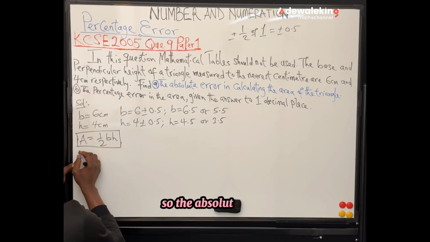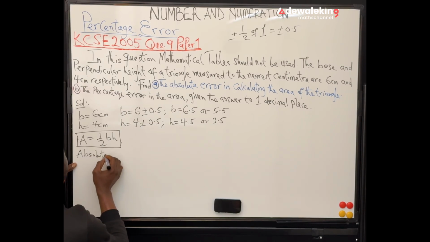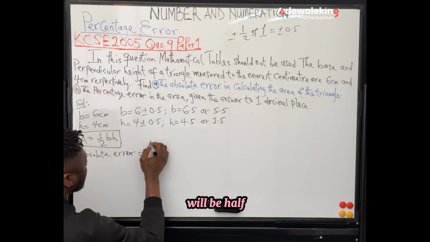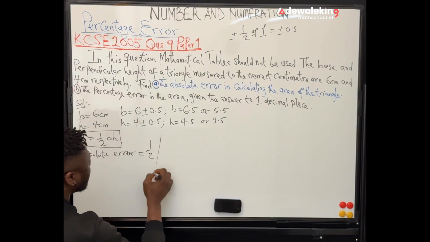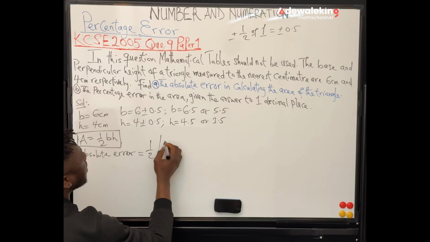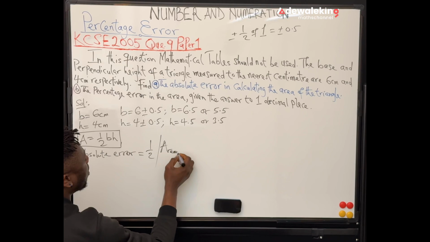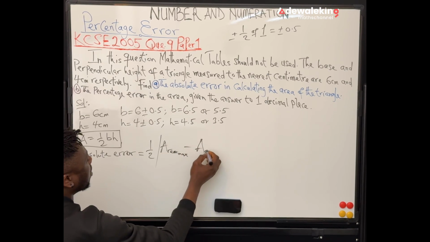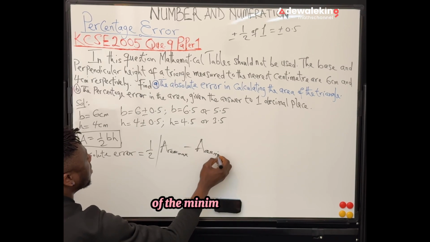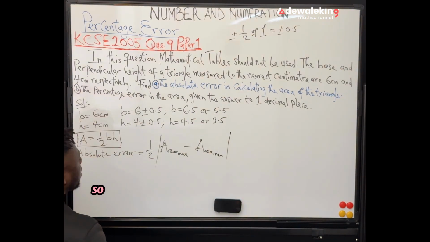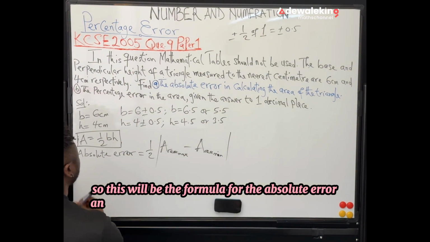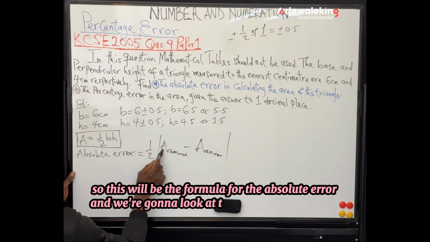So the absolute error will be half of the area of the maximum minus the area of the minimum triangle.